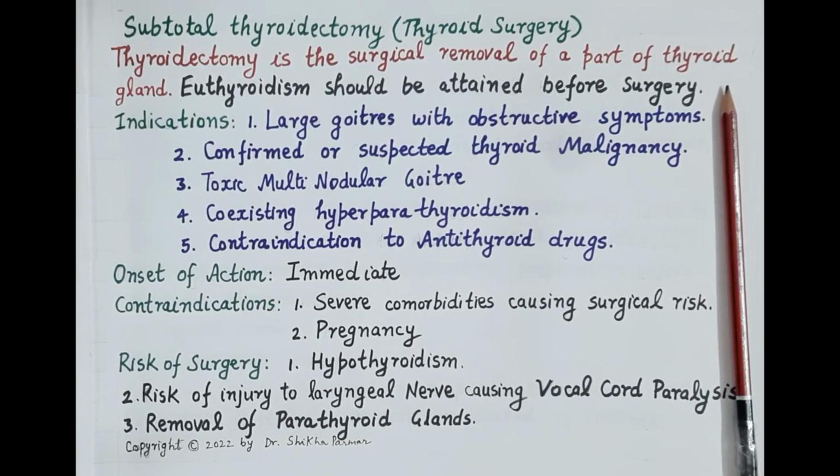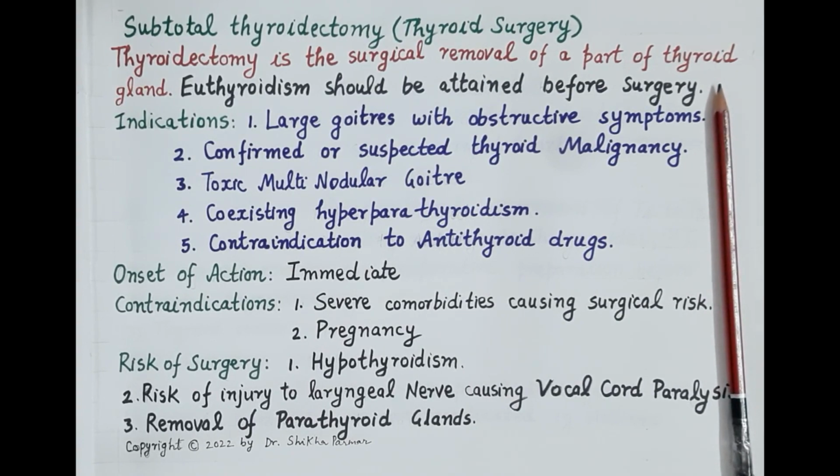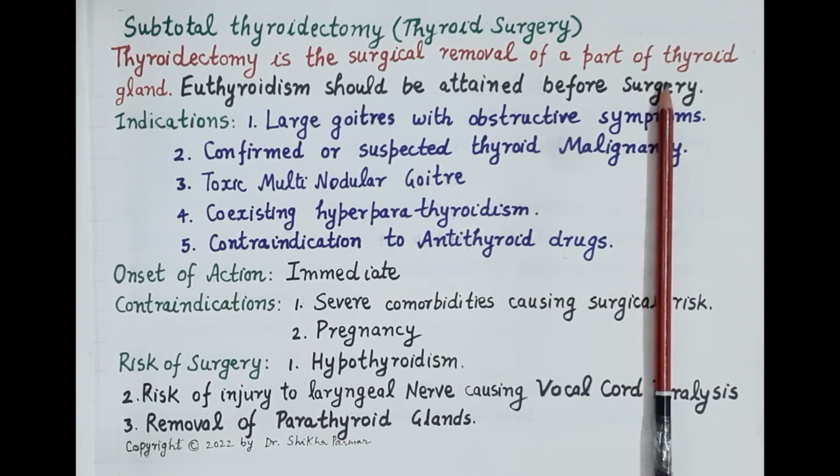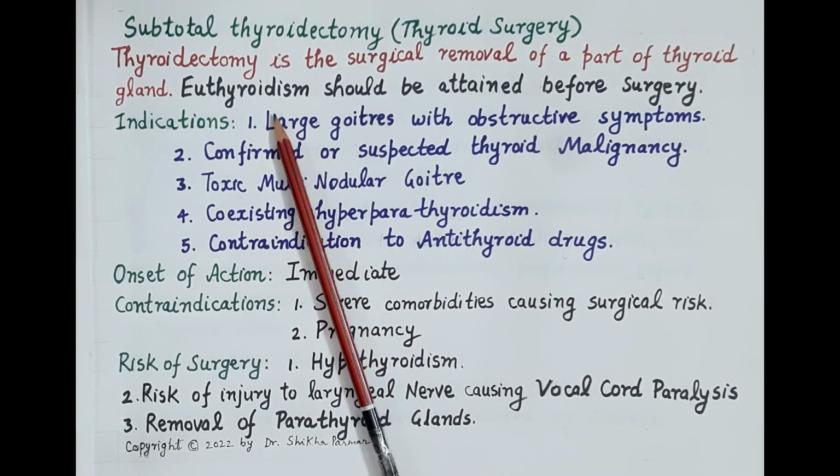The aim of surgery is to reduce the increased T3 and T4 synthesis and secretion in hyperthyroidism. The remaining surviving portion of the thyroid gland will produce and secrete the normal required amount of T3 and T4.